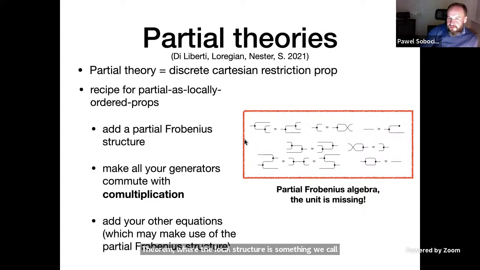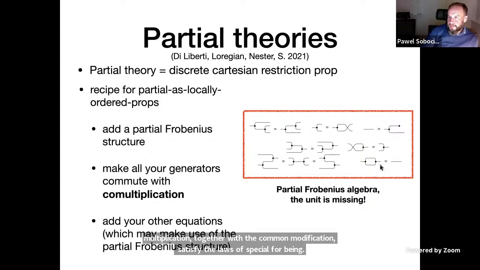So we still have a commutative comonoid, but we also have a multiplication structure without a unit. It turns out that this multiplication together with the comultiplication satisfy the laws of special Frobenius algebras, but the unit is not there.